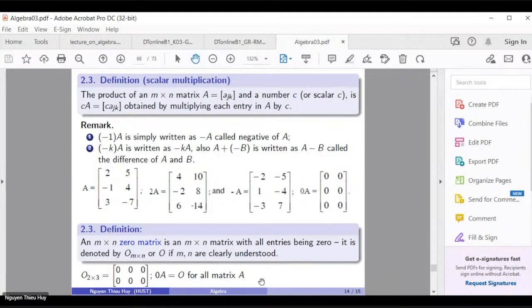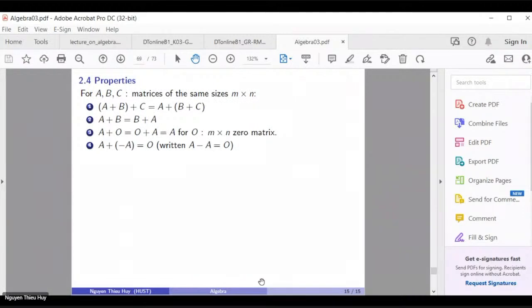I want to give you some properties of matrix addition and scalar multiplication, so that it is more convenient when working with them. So let's go ahead with matrix addition. So the properties of matrix addition.